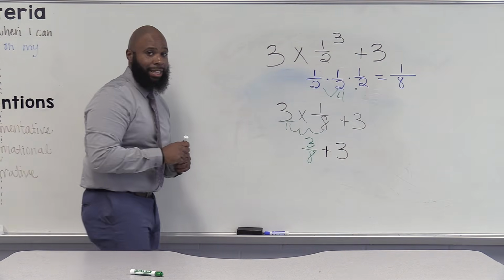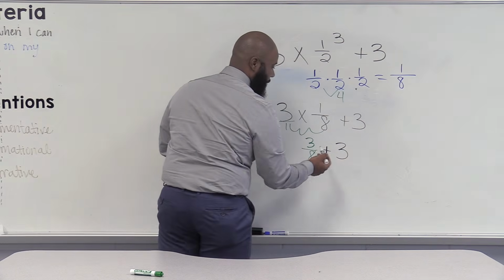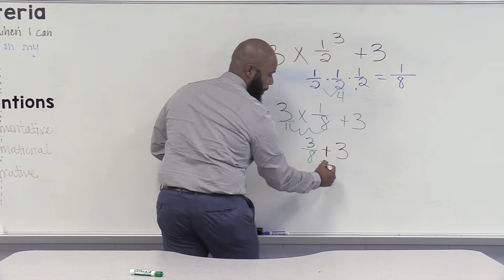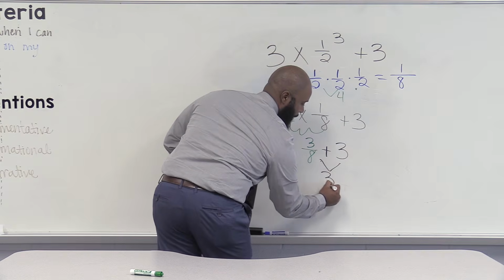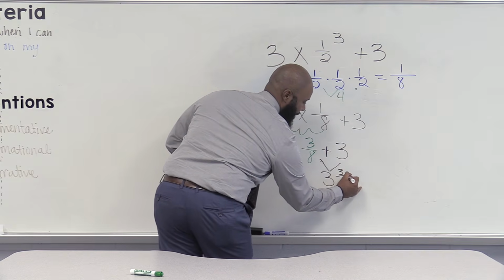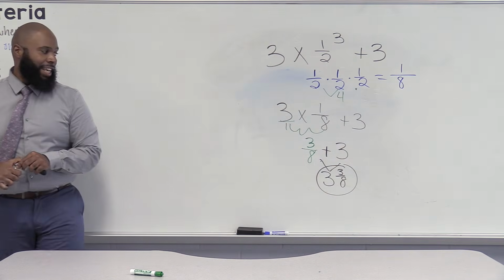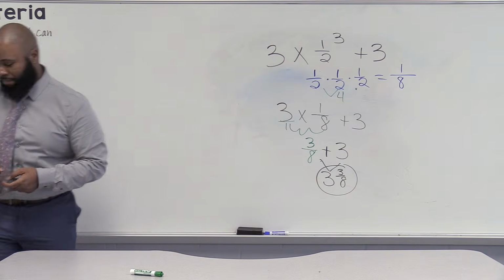So now my last thing is to add these together. And when I add 3/8 plus 3, I'm just going to get 3 and 3/8 as my answer. I'm going to give you a second to go ahead and write that down.